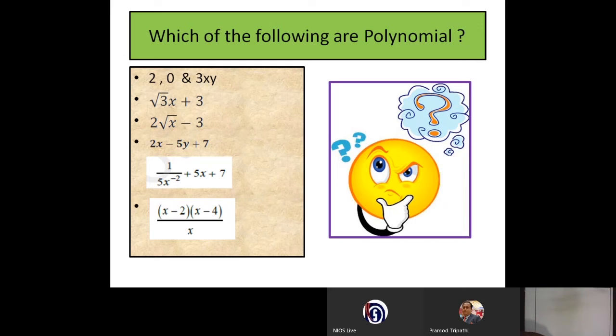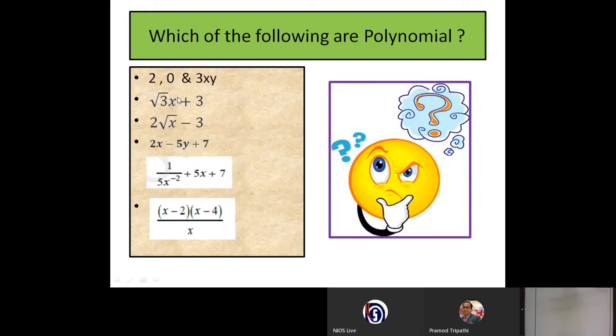Now we come to the second problem here. Under root 3 into x plus 3. 3 is a constant, x is the variable here, and the exponent of x is 1.